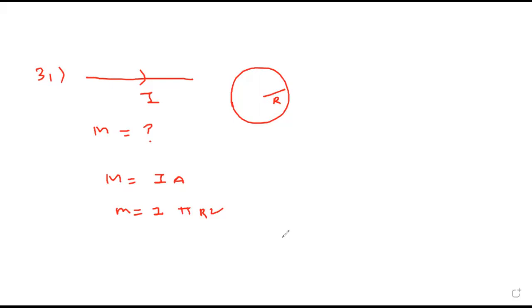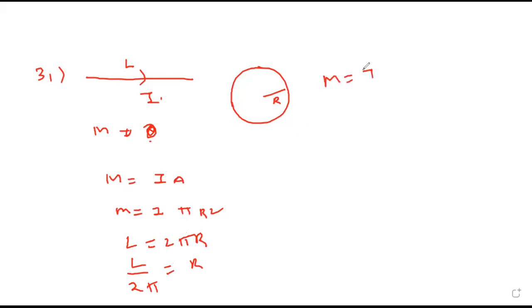See, we want length, by mistake I took dipole moment. We want the length of that wire. If dipole moment is M, and the length of the wire is suppose L. Any relation between this length and this radius R? Can I say L is 2 pi R? So R will be L upon 2 pi.